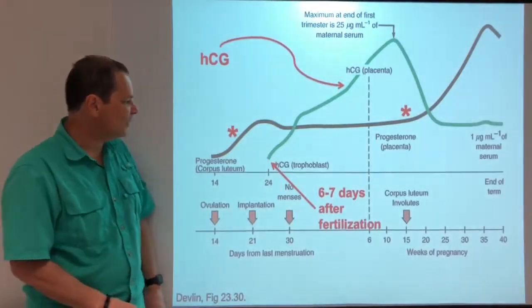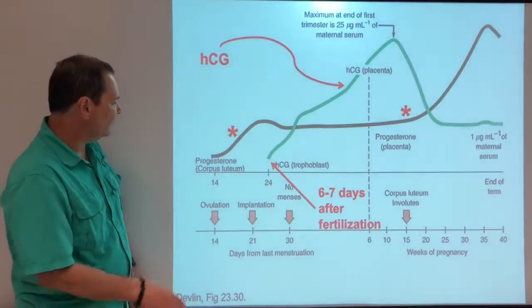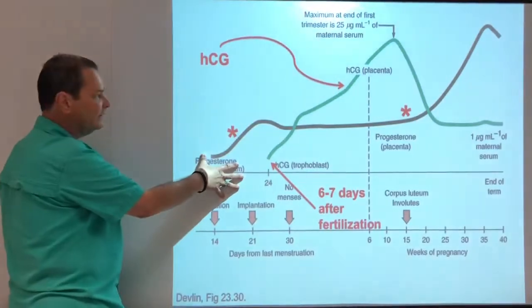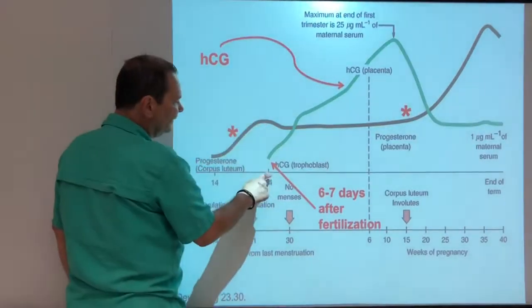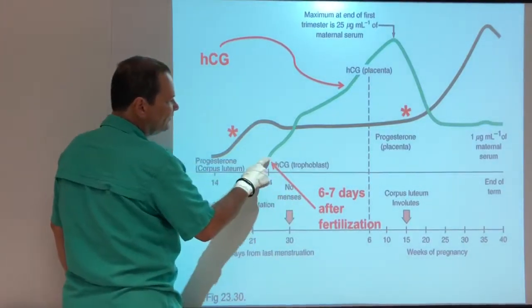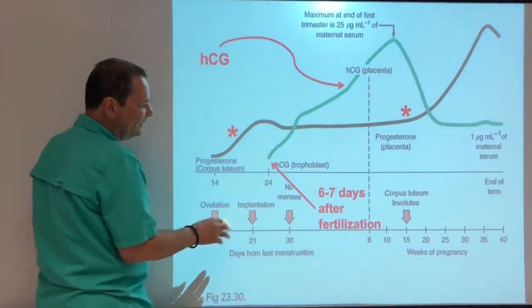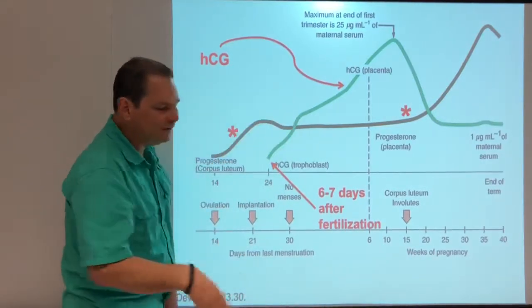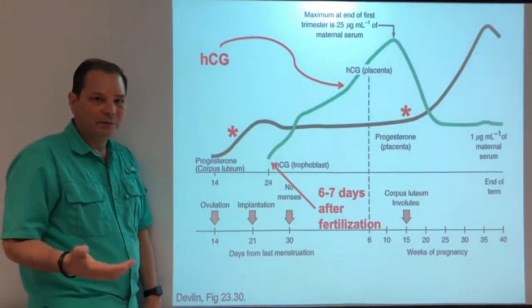And so that's actually shown in this graph. So you see here we have our progesterone coming from the corpus luteum during the menstrual cycle. It rises. HCG starts to appear about 6 to 7 days after fertilization. And as long as it's around, this corpus luteum is maintained and continues to secrete progesterone.